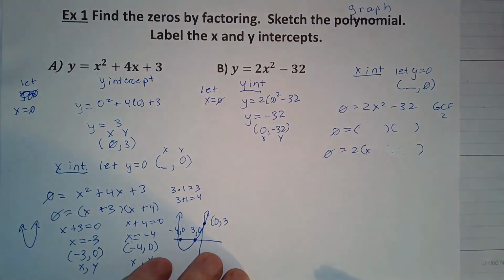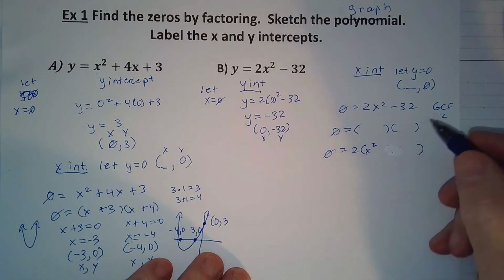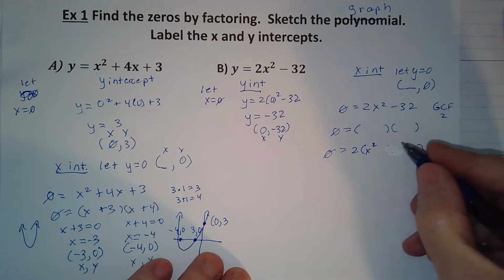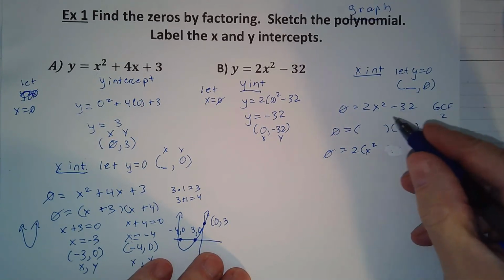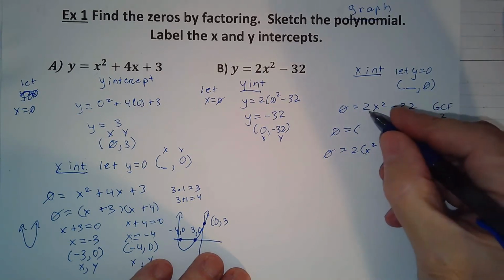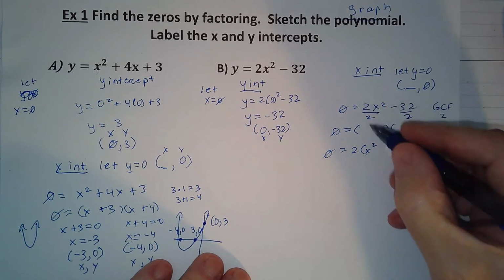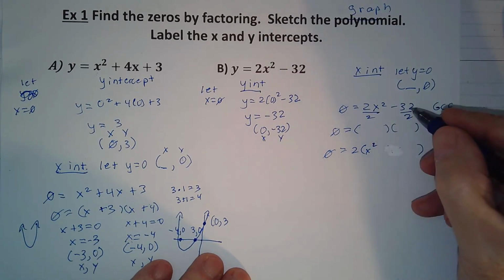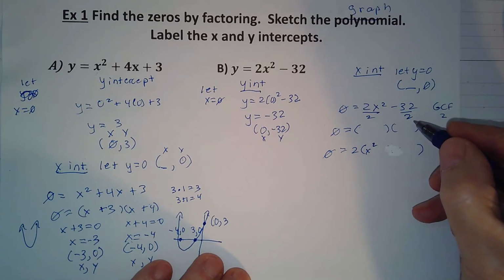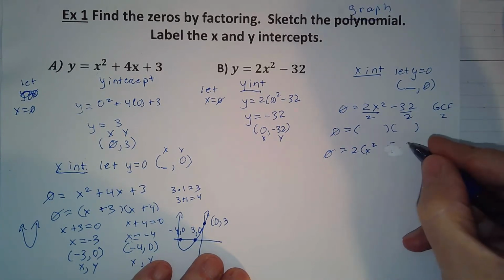So we've got x squared minus 32. Well, what's half of 32? So we're going to divide by 2 here. We divide by 2 here. So 2 divided by 2 is 1x squared, and negative 32 divided by 2, I think, is negative 16. It is. So negative 16.